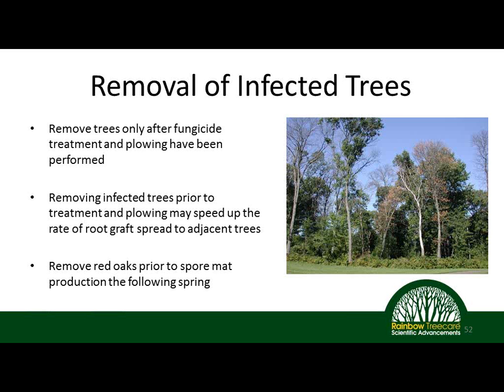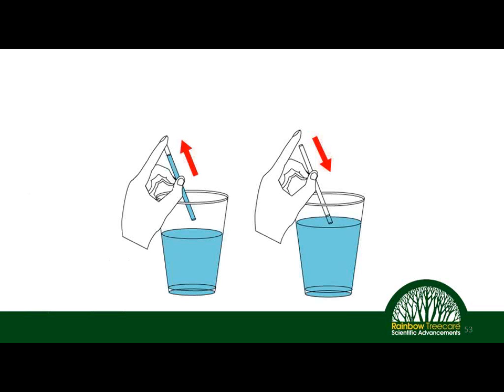Removing infected trees prior to treatments and plowing may speed up the rate of root graft spread to adjacent trees. And one important note about tree removal is that on red oaks that produce those spore mats, we want to remove those trees certainly before the following spring, before they can produce those spore mats, so we can reduce the spread of oak wilt in a given area by the oak wilt vectors.